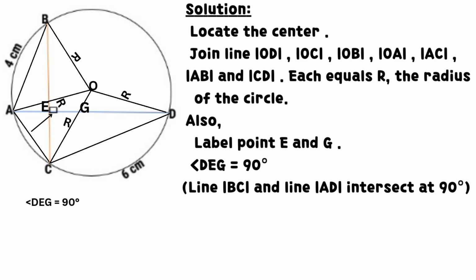Angle DEG equals 90 degrees. The reason is that line BC and line AD intersect at 90 degrees.